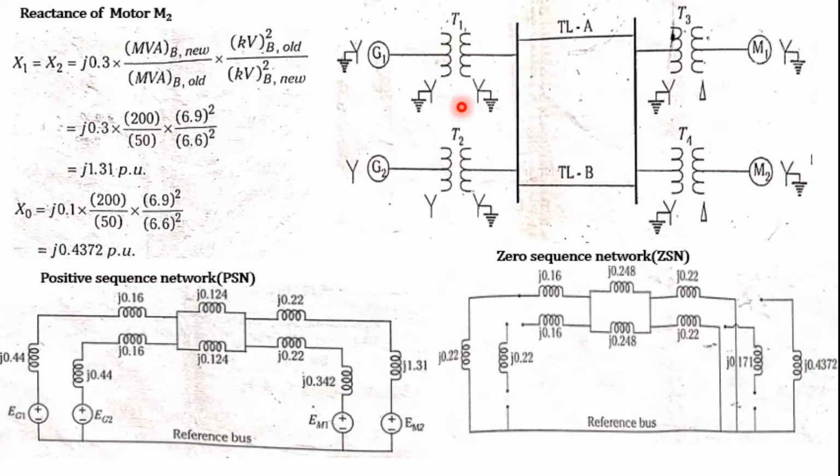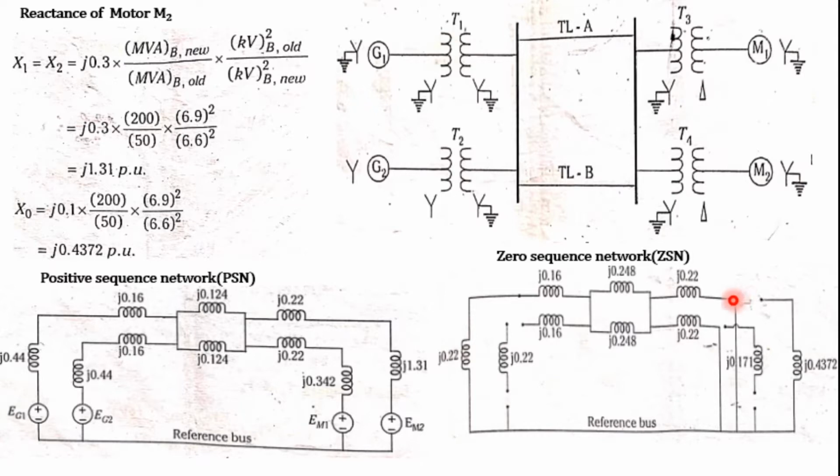Look at this, generator G1 is star connected, and this is the value we need to consider. This is for G1. Next we have transformer T1. Both primary and secondary are star and grounded. This series switch gets closed. Again for the transformer T3, consider primary star, which means this side is series and gets closed, and the secondary is delta.